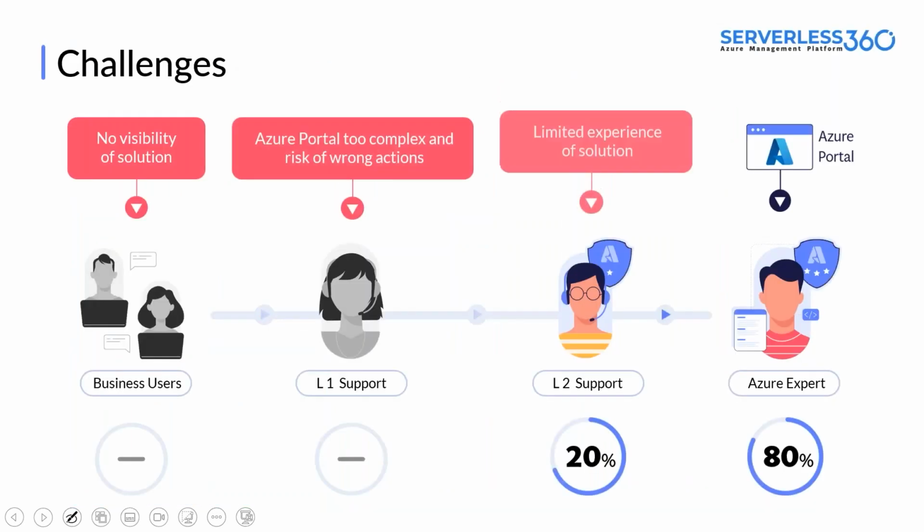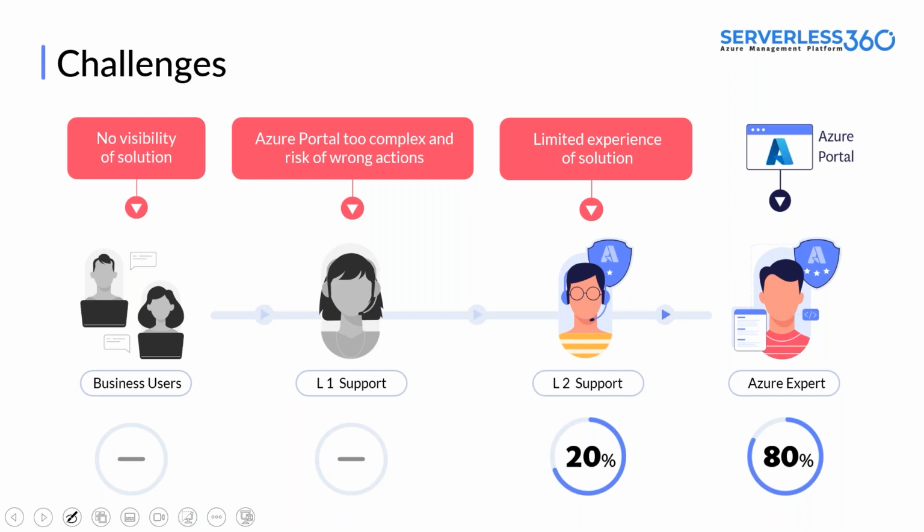Okay, so the use case or the challenge that Serverless 360 is attempting to address is this problem: we have a bunch of solutions in production. In this example, we're talking about Azure integration, but it could be websites, APIs, event-driven architectures and a whole bunch of different types of solutions. It comes back to the same core problem: every time you have a support issue, the business user can't do anything with it.